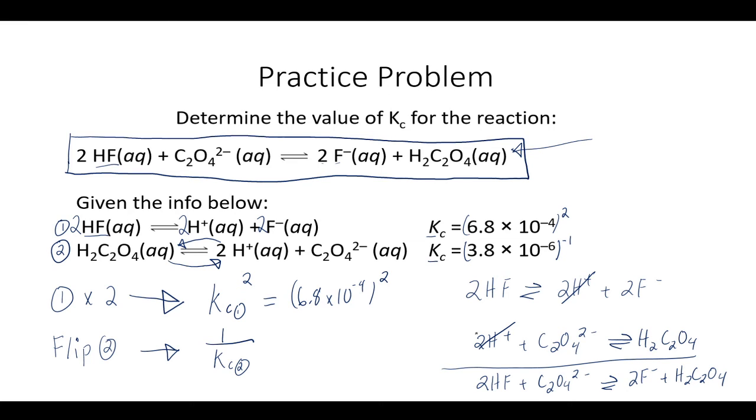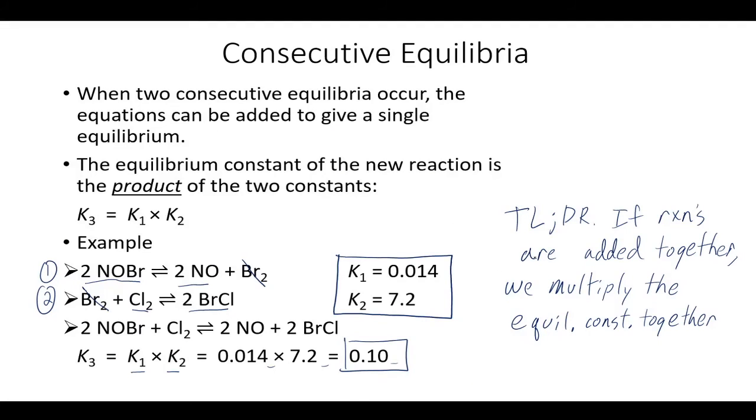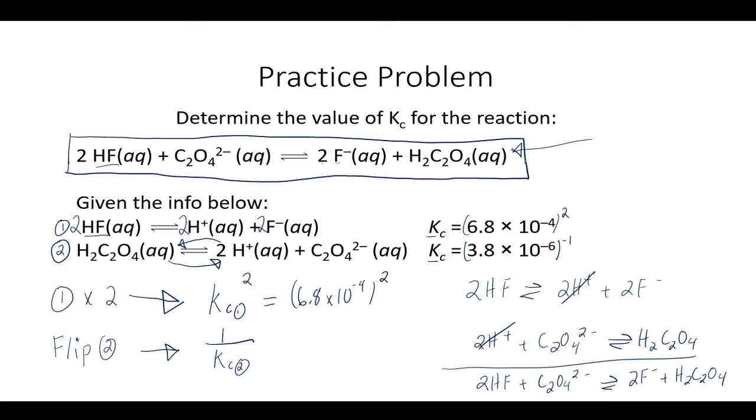Now, when I add up these 2 reactions, which have these new equilibrium constants we're calculating, what happens when I add reactions? If I add reactions together, I multiply the constants together. So overall, my Kc for this overall reaction is going to be these multiplied by each other.